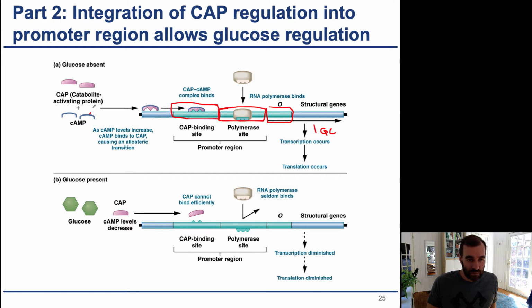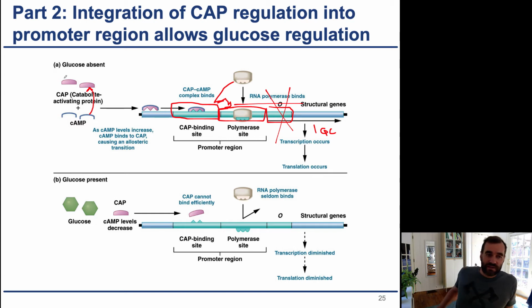If this binds to the CAP protein, then we have a conformational change, and this conformational change allows it to bind to the CAP binding site. Then the action of this makes it easier for the polymerase to come in and start transcription. It starts transcription unless the LAC repressor is bound to the operator, and then that prevents it.